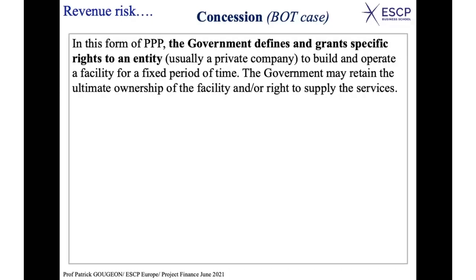Then probably the state will decide to maintain the toll, people having to pay it, but the money will go in the public pocket rather than going to the shareholders. Okay, so to build and operate a facility for a fixed period of time, the government may retain the ultimate ownership of the facility, and or supply the services.